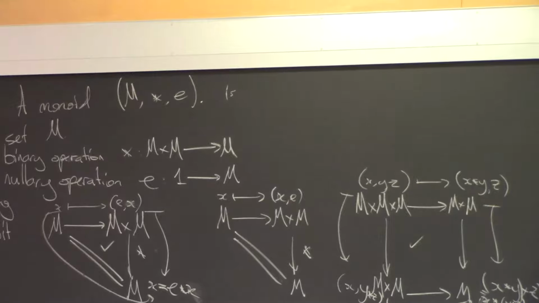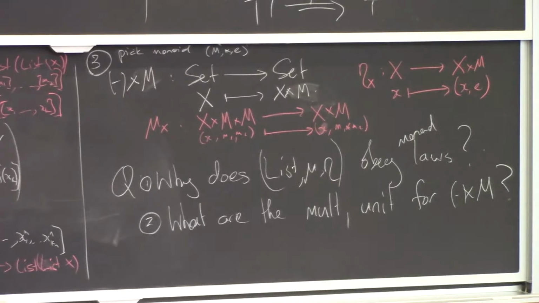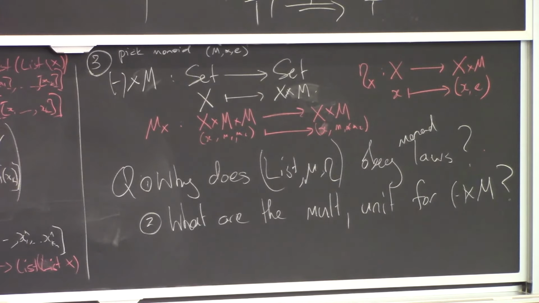Yep, question? You can also compose the two monoid elements in the other direction, like swap them and then multiply in the other order. That sounds to me like you're talking about a commutative monoid, which doesn't hold in general. But we can talk about that afterwards. Oh, sorry.